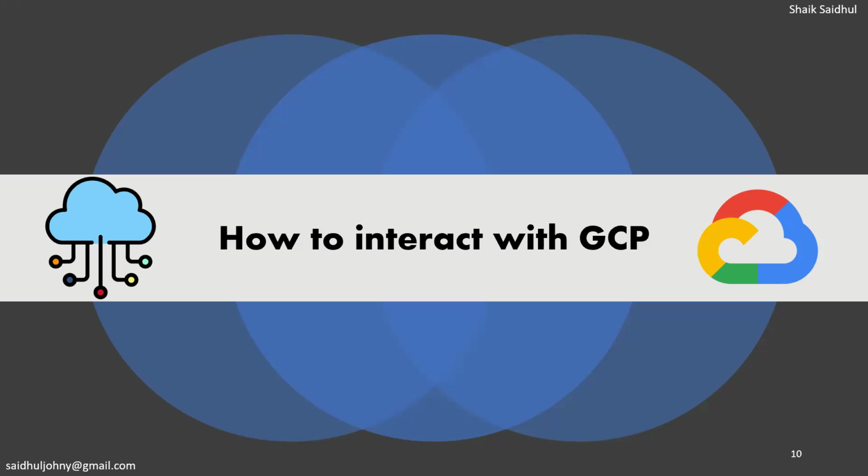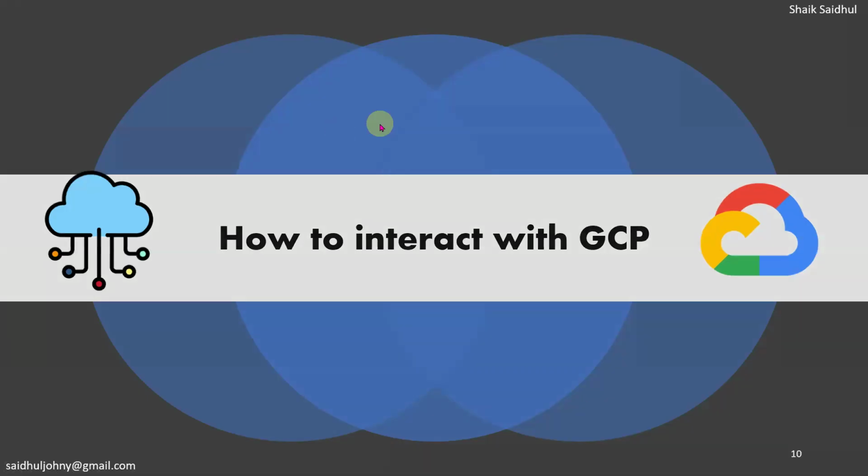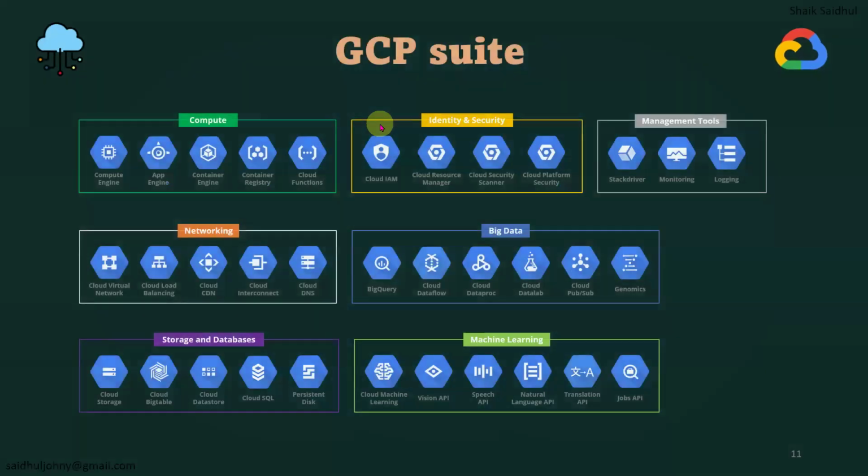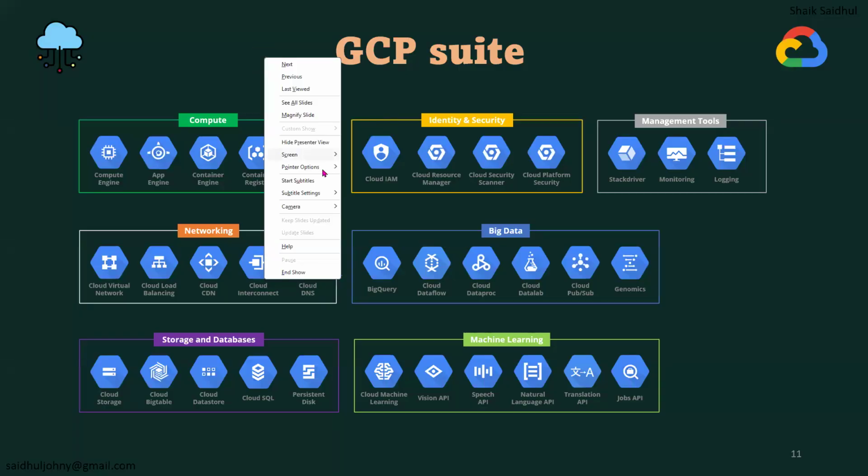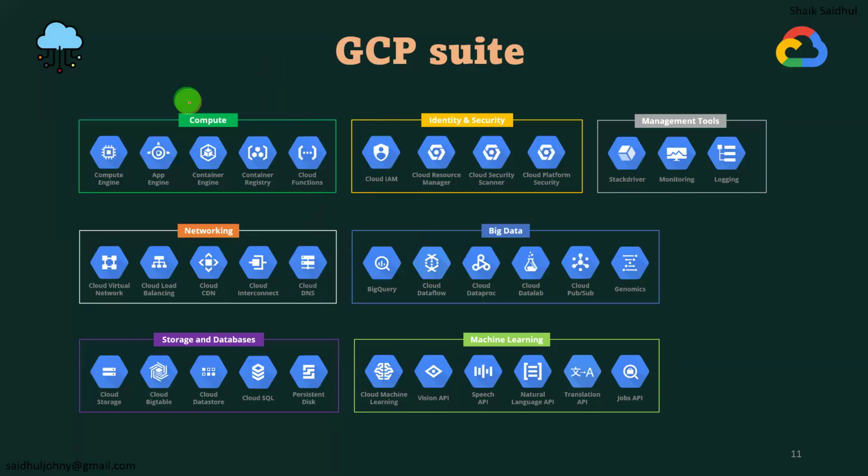For example, you can see it is offering you compute services, identity and security services, management tools, networking services, big data services, storage and database services, and machine learning services. So these many services it is offering.